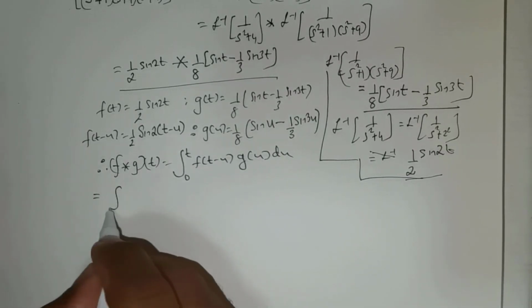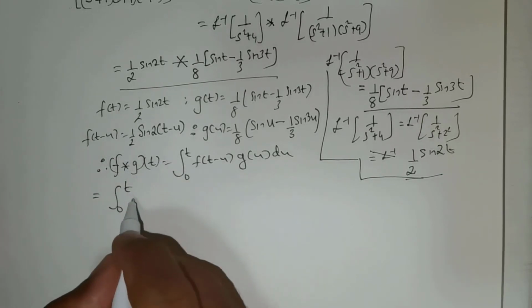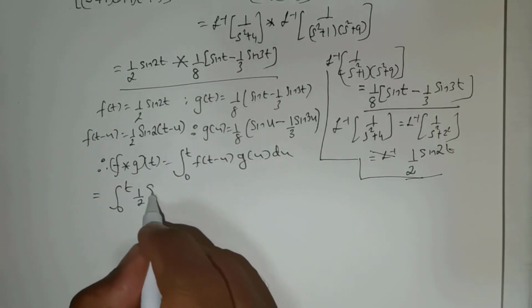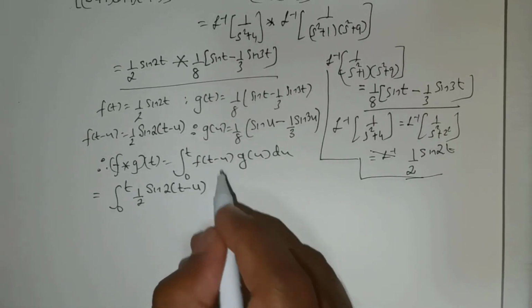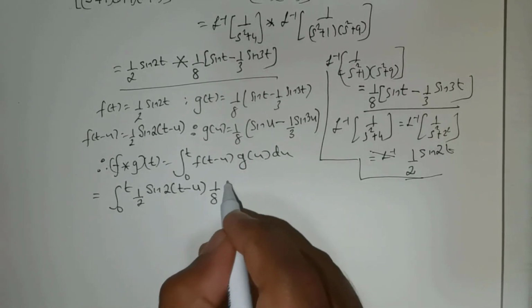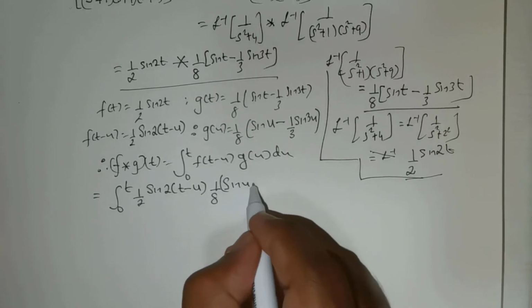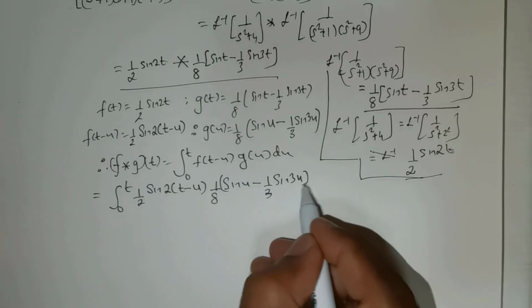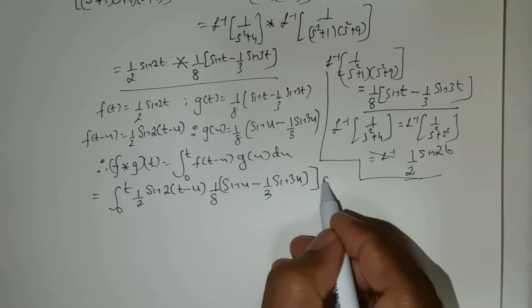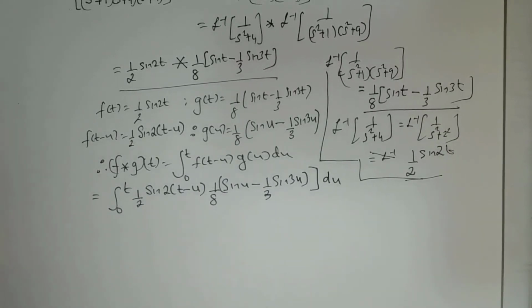So this is going to be the integral from 0 to t of 1 over 2 times sine of 2 times (t minus u) times 1 over 8 of sine u minus 1 over 3 times sine of 3u, multiplied with du.